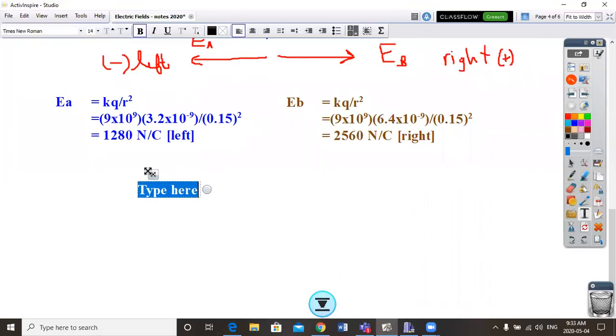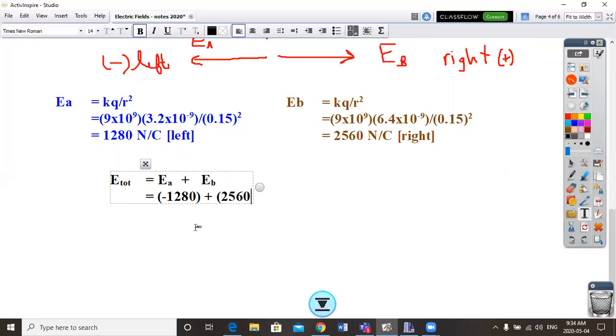Now we have to figure out our total. So the total field is going to be the field due to charge A plus the field due to charge B. The field due to A is going to the left, so we're going to say negative 1280, plus the field due to charge B, which is 2560.